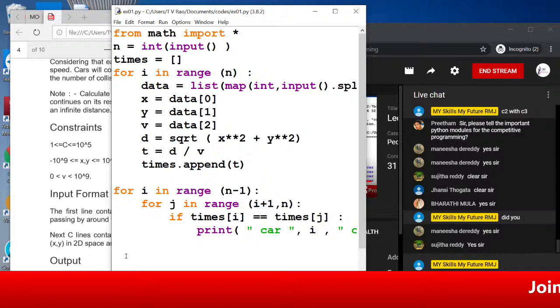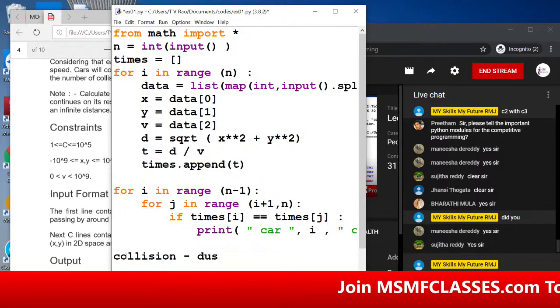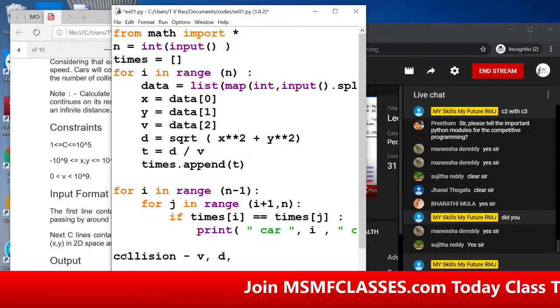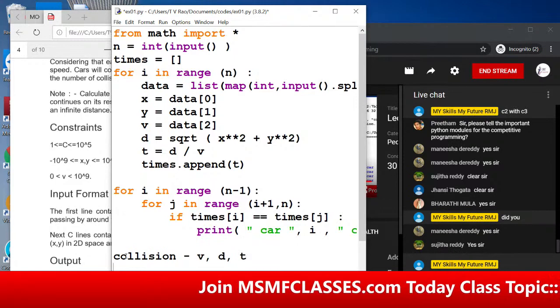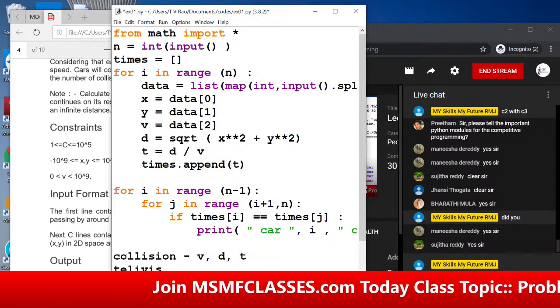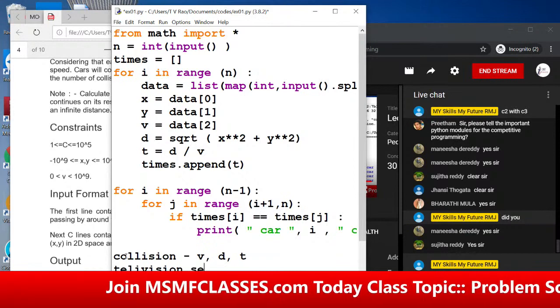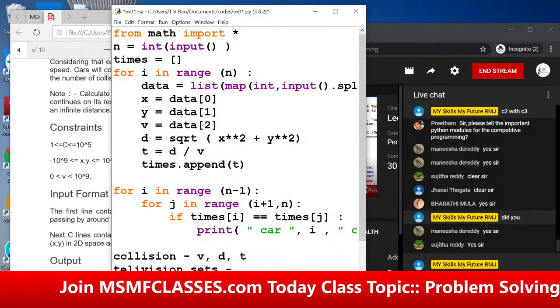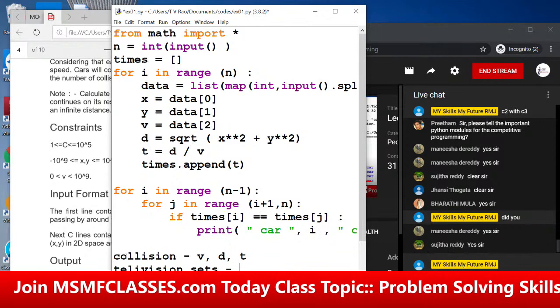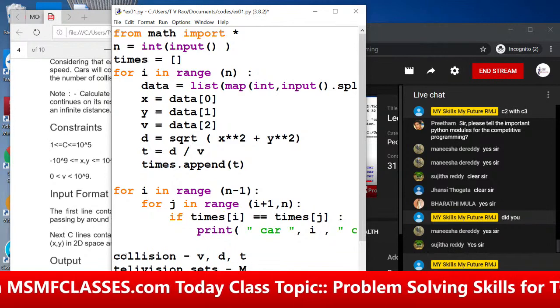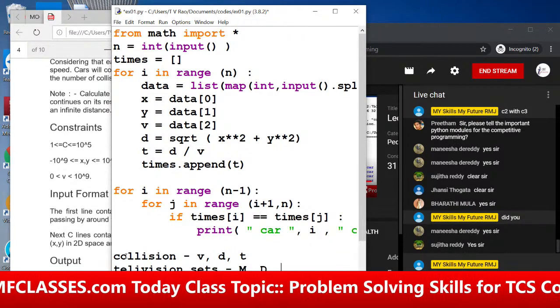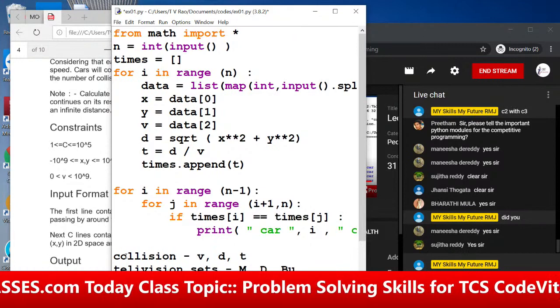So today we did the collision problem, nothing but distance, time, velocity. Next one is television sets, like month, date, and budget.